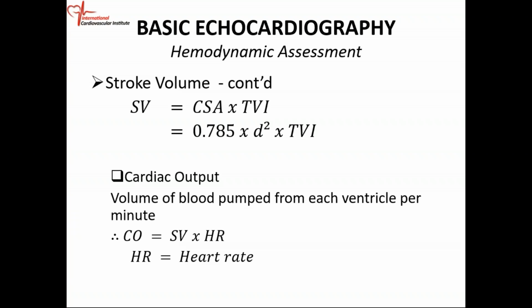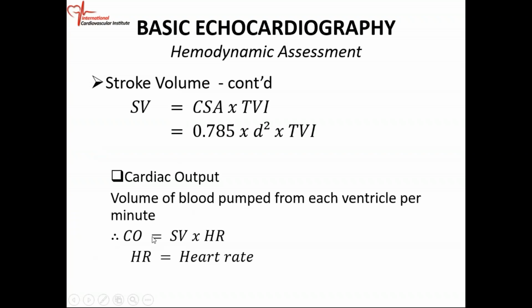You get your LVOT envelope, and you just trace it, and you get, again, the cardiac output, which is the volume pumped out of the ventricle per minute. The volume pumped from each ventricle per minute. So all you do is multiply the stroke volume times the heart rate. So whatever the heart rate is, and you'll get your cardiac output.